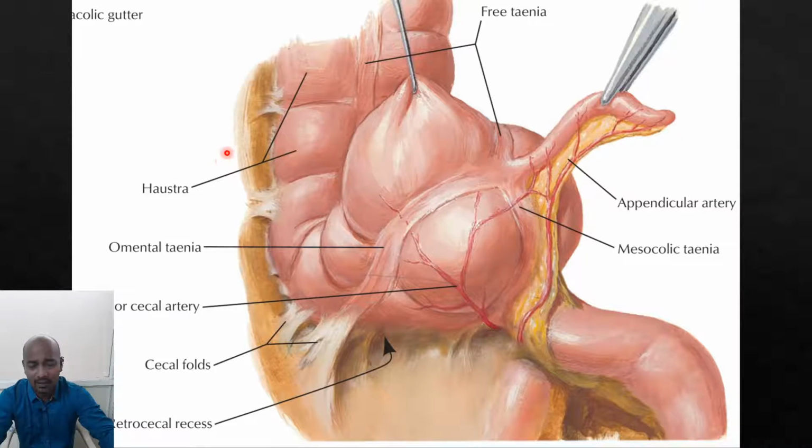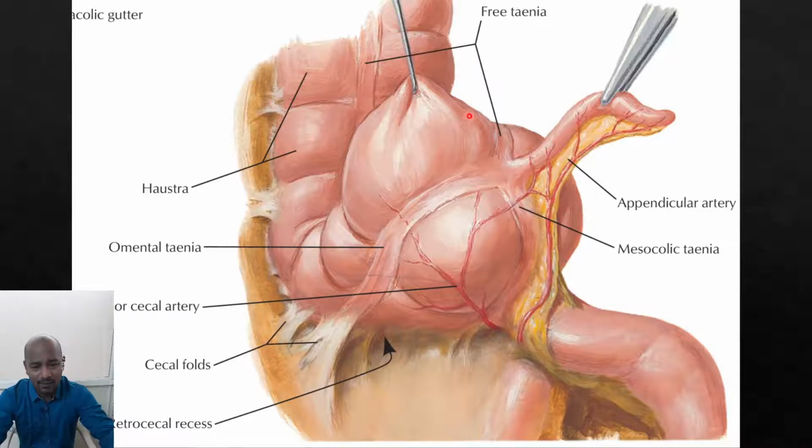You can see here in this diagram the taenia coli. This one is the free one, the taenia libera, and this is the posterior one, the omental taenia, or taenia omentalis. This one is towards the mesocolon, so that is called the taenia mesocolica.